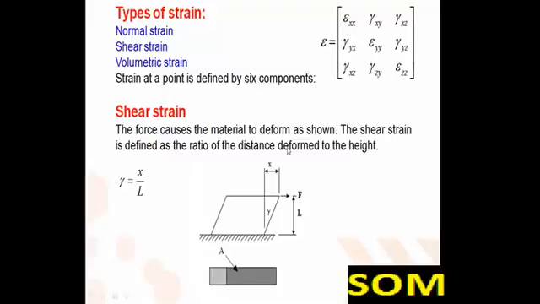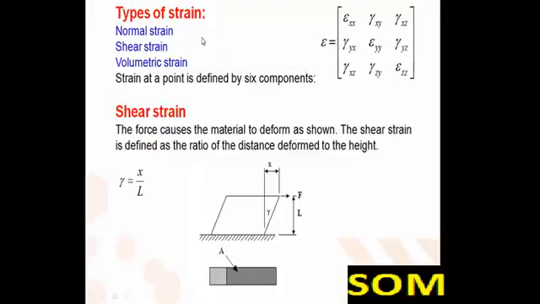Strain at a point is defined by 6 components, as stress is defined by 6 components. The strain component epsilon xx: the first subscript defines the plane, the second defines the direction in which the strain is acting. This is also in the same manner.